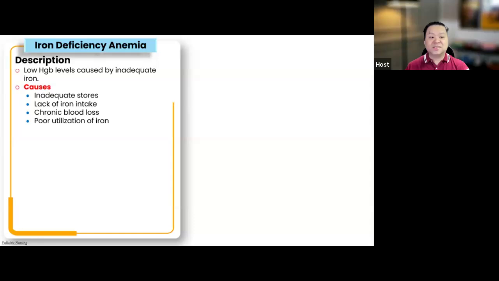Now, for chronic blood loss, this is related to, for example, gastrointestinal issues like ulcers. It could be inflammatory bowel disease or, let's say, intestinal parasites. In addition to that, maybe chronic nosebleeds, or it could be heavy menstrual bleeding in adolescent girls.